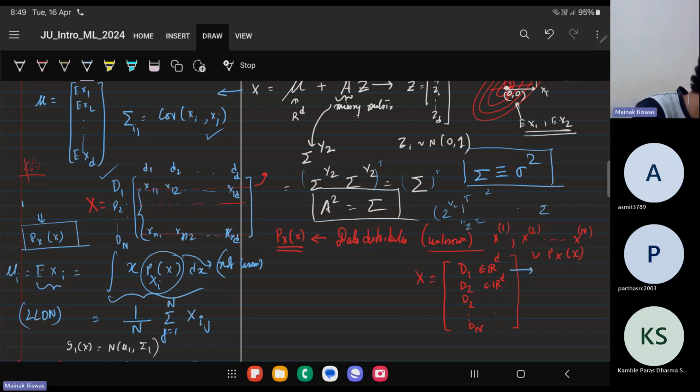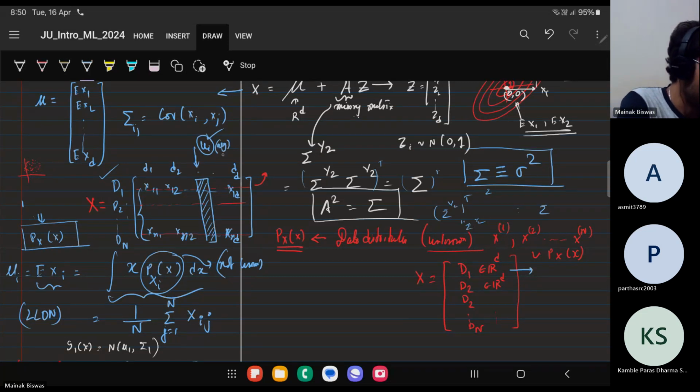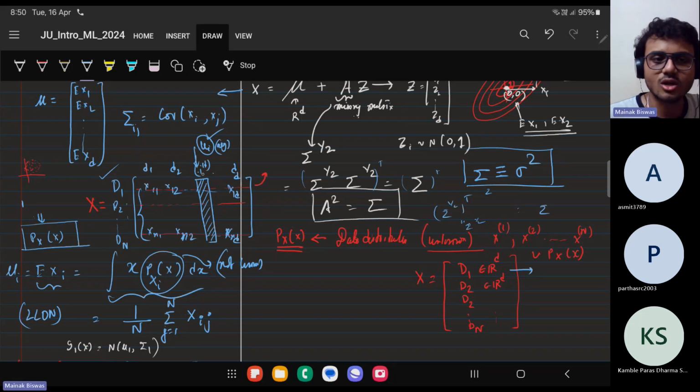So you will take the average of this column, and you will get mu I, right? The average of that column will give you the mean of that feature. There are D features, so you will get D-dimensional mu i's.